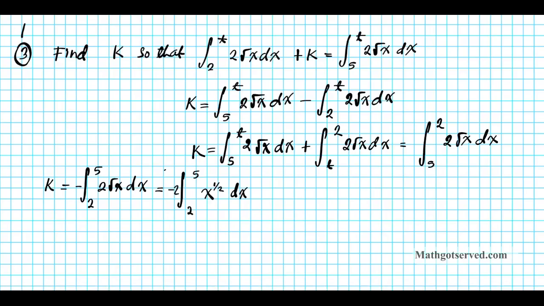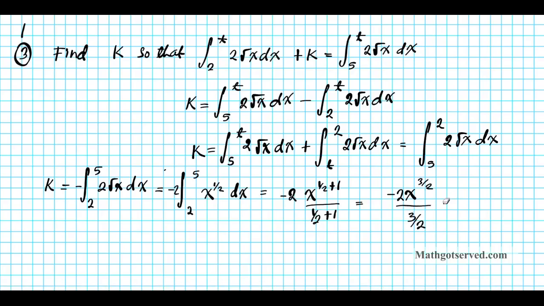Now what's the antiderivative of x to the 1/2? It's simply going to be x to the 1/2 plus 1 over 1/2 plus 1. So this is going to be -2 x to the 3/2 over 3/2.